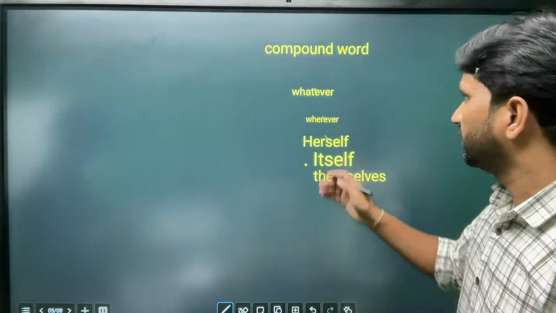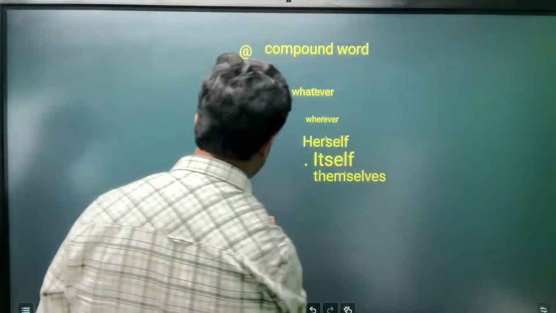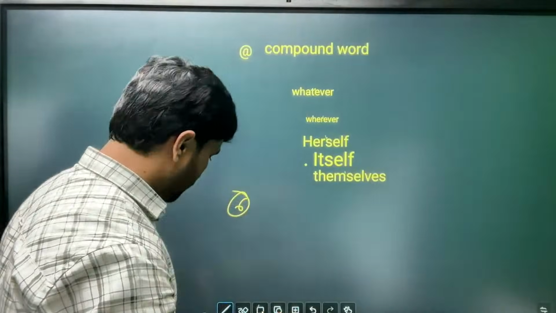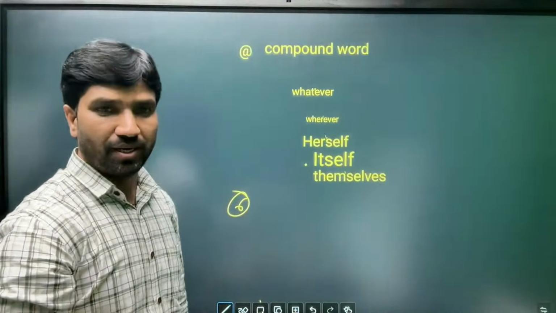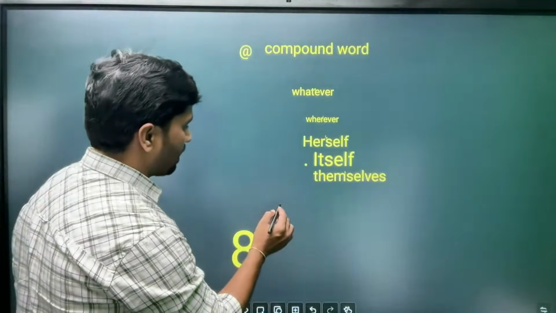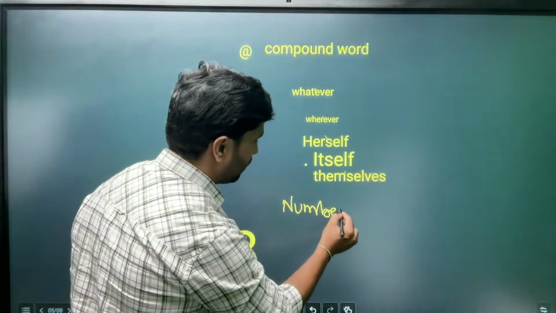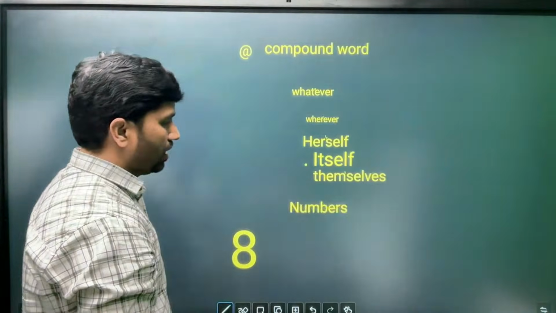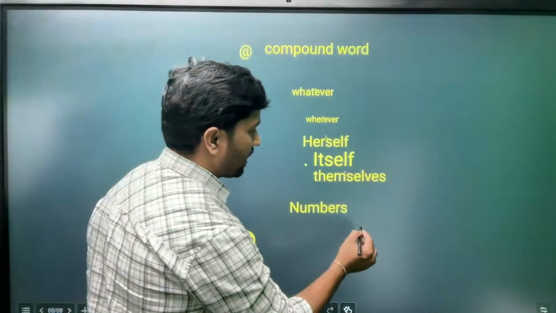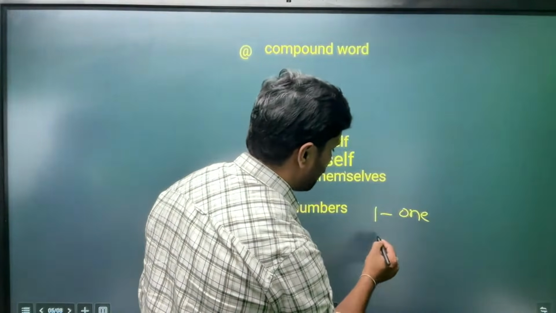And another one, this is the fifth point. The sixth point is, what is the sixth point? The sixth point is when we convert from numbers to words. For example, numbers. Say, for example, 1. How do we write it in words? 1, 2.